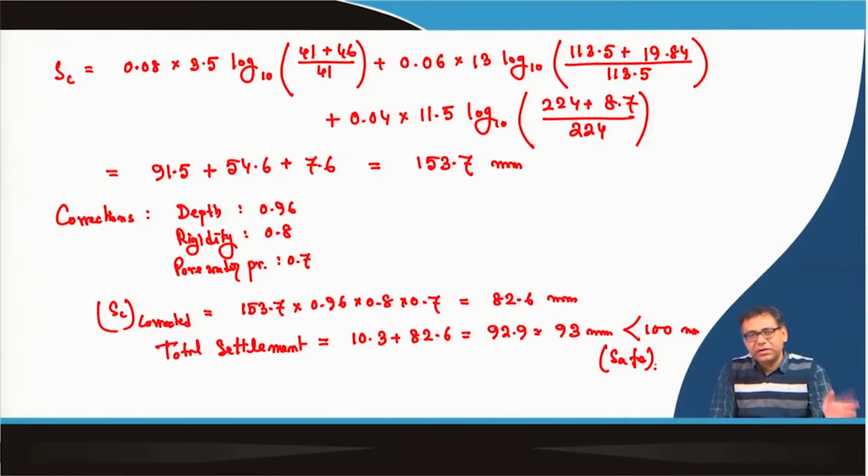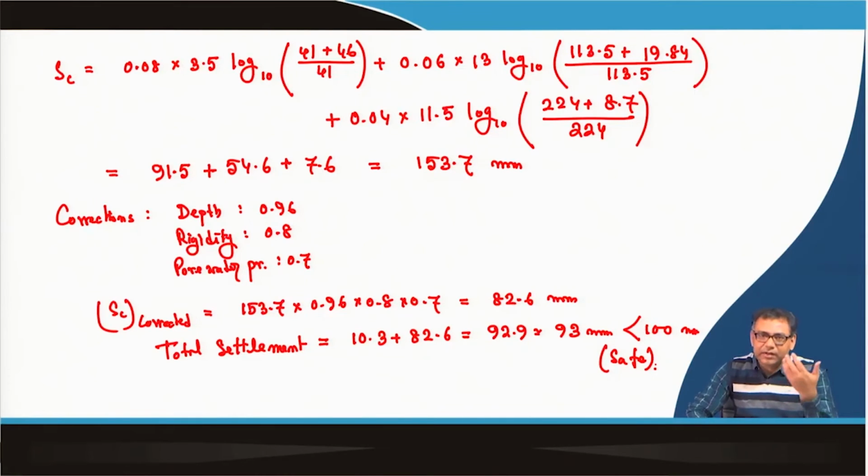I have discussed the foundation resting on sand, basically using the field test data in that case, and then I have discussed how we can design a foundation resting on clay. Once you get this dimension, you can consider the soil structure interaction part, and you can get the bending moment and shear forces also.